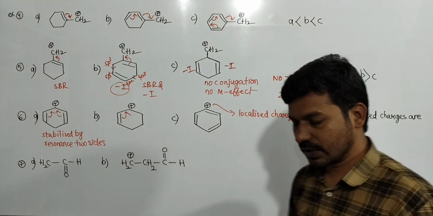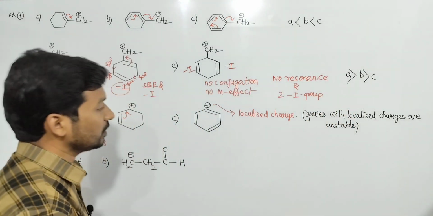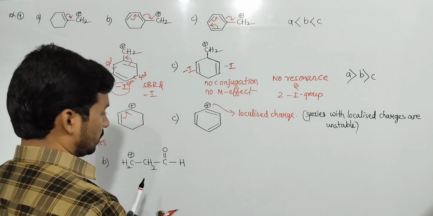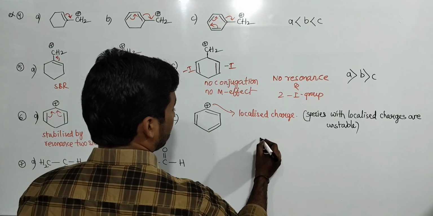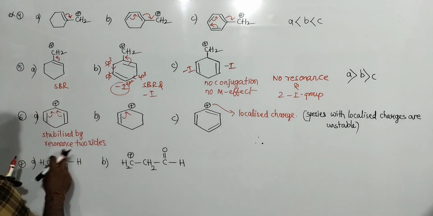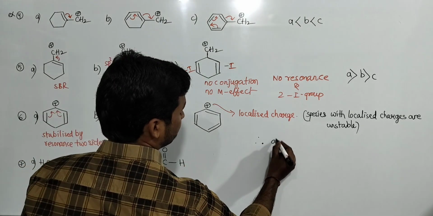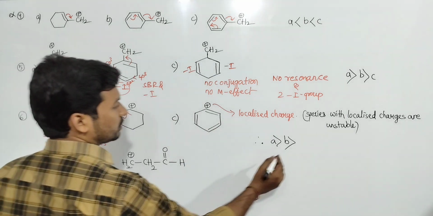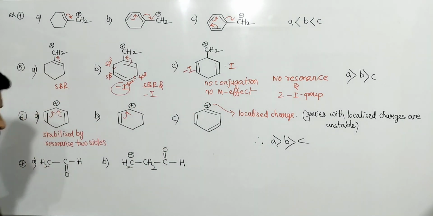Whether positive or negative charge doesn't matter. So which one is stable among these three? Therefore, stabilized by resonance from two sides is more stable than stabilized by resonance from one side, which is more stable than the localized one. Localized charges are highly unstable.